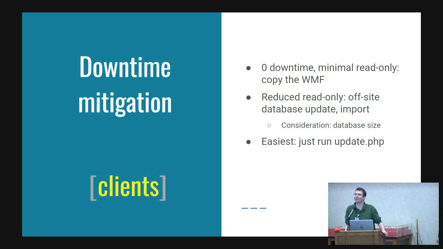An option that reduces the time for read-only while making sure that you don't break things is you turn on read-only, so there's no new data coming in, and then with a copy of the data that was already there, somewhere else in a local wiki, you run update.php. And then, having confirmed that nothing broke, you pull it back onto the production server.